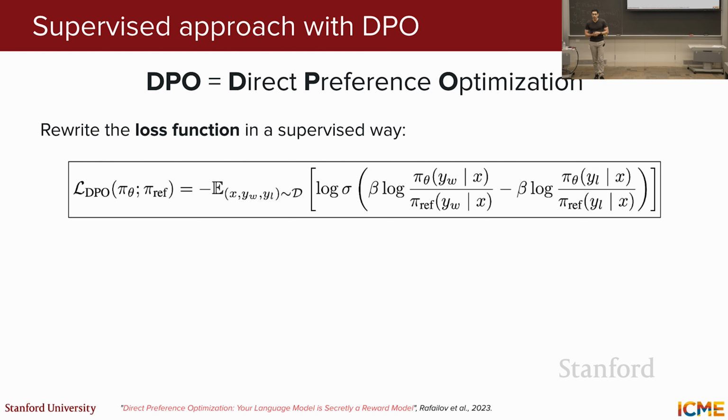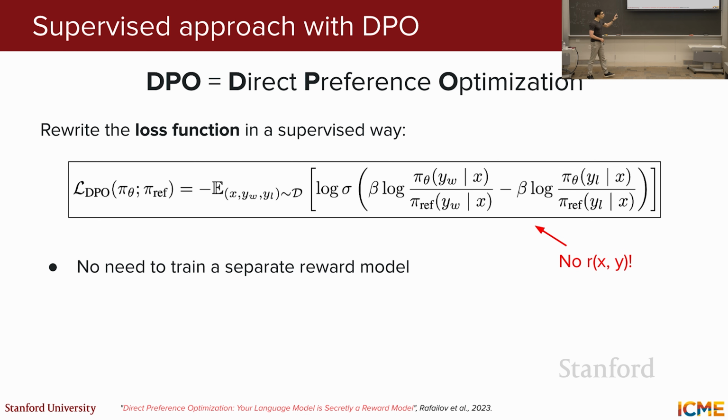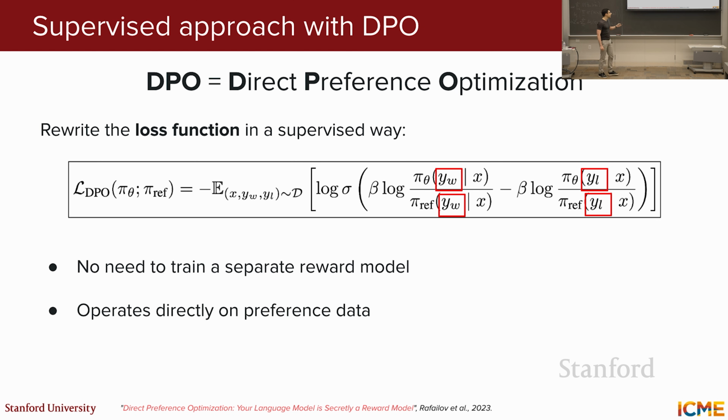So instead of doing this expensive two-step process of first finding some reward model and then iterating on the model's weights, it optimizes a single loss function that directly optimizes for the model's weights. And as you can see, there is no reward involved anymore, so no R. And you have a way to formulate what you care about as a function of your preference pairs.